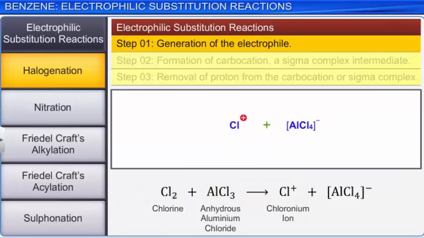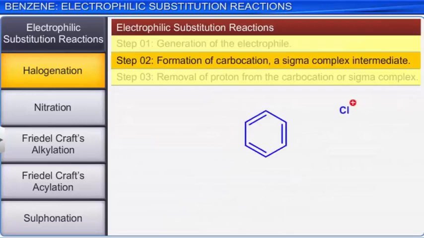In the second step, chloronium ion attacks the pi electron cloud of benzene ring and forms the less stable intermediate called sigma complex or arenium ion. The sigma complex, which is stabilized by resonance, is shown here.